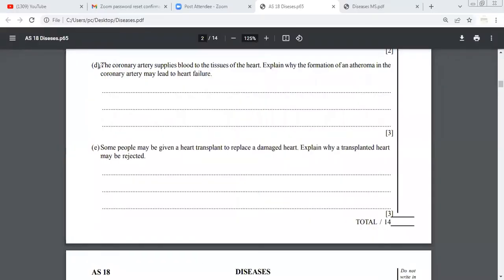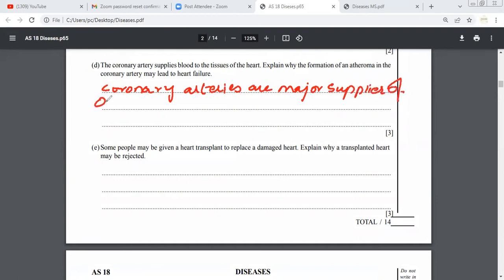Okay. The coronary artery supplies blood to a tissue of the heart. Explain why the formation of atheroma in coronary artery may lead to heart failure. As we know, coronary arteries are major suppliers of oxygen, glucose, and amino acids for the heart muscles.